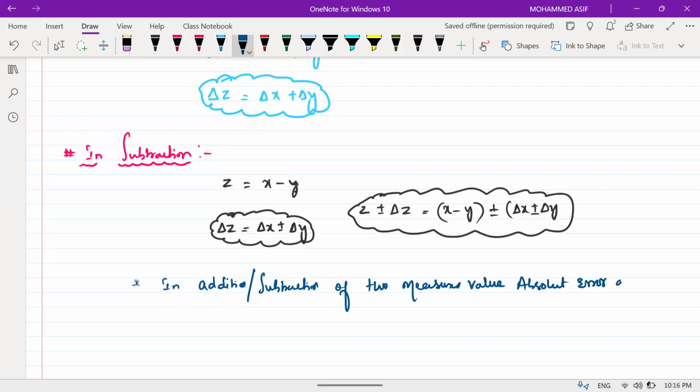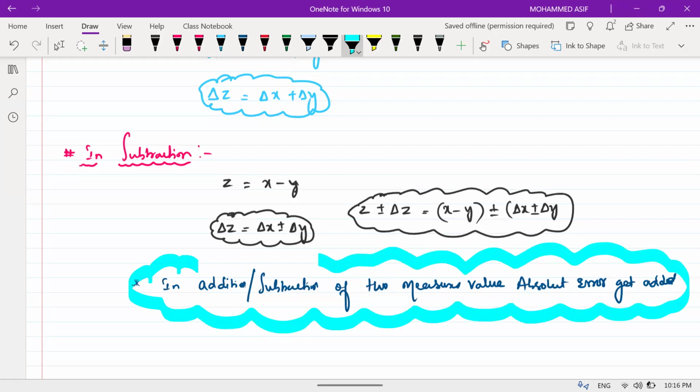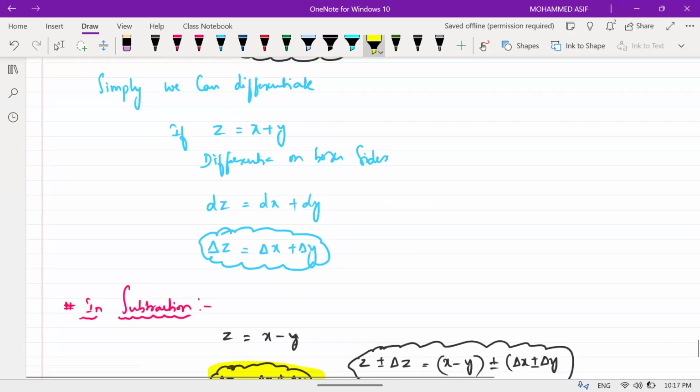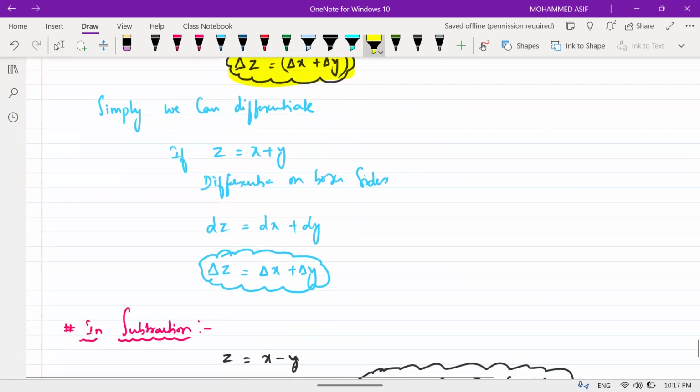Try to remember that one. This is a very important point. In addition or subtraction of your two measured values, absolute error always gets added up. So delta z, for z is equal to x plus or minus y, is equal to delta x plus delta y. Clear?